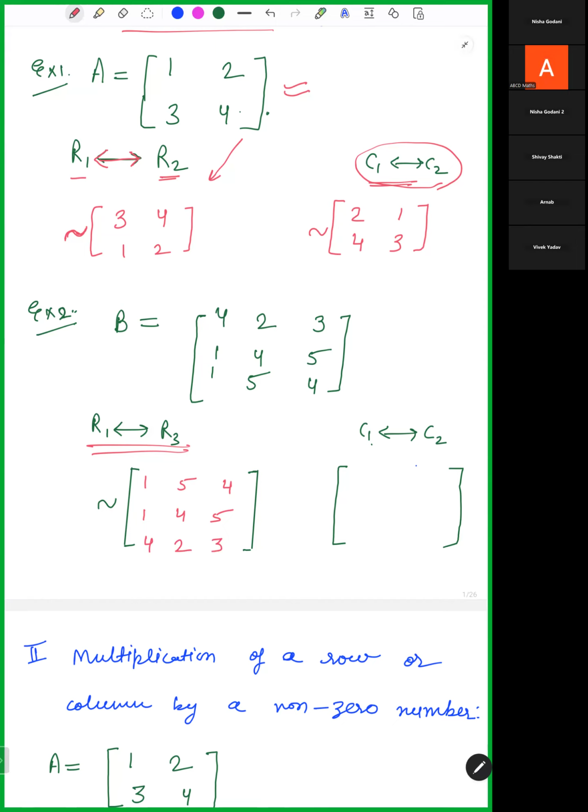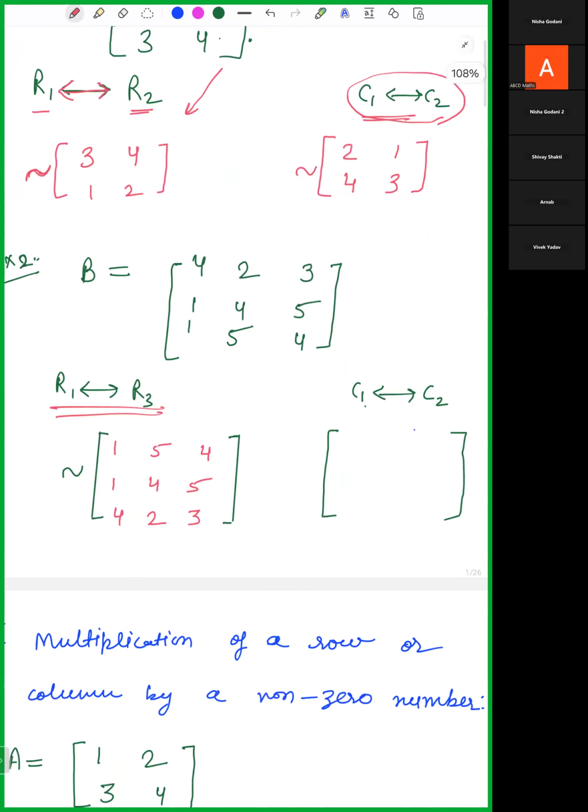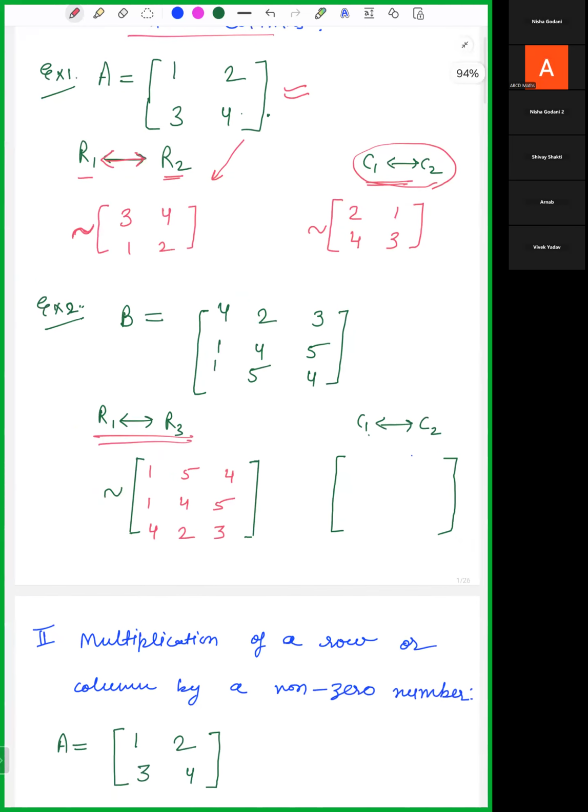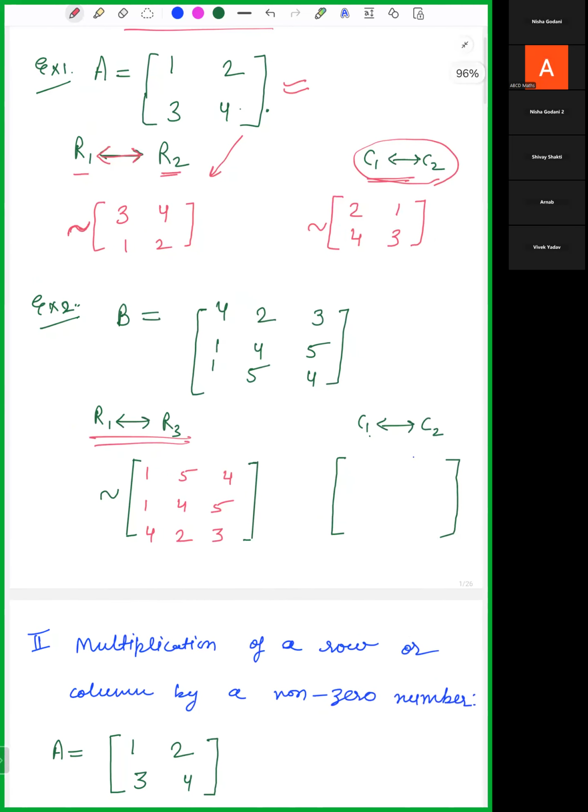Similarly, if you want to interchange columns C1 and C2, the first column will now be 2, 4, 5, the second will be 4, 1, 1, and the third one will be as it is, 3, 5, 4. So in this way, you can apply the operation of interchange of two rows or two columns.